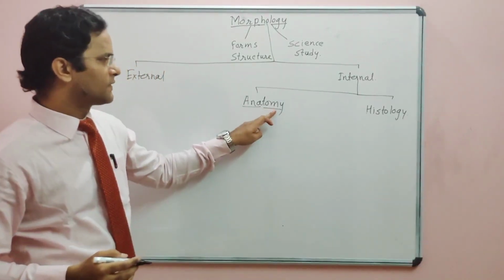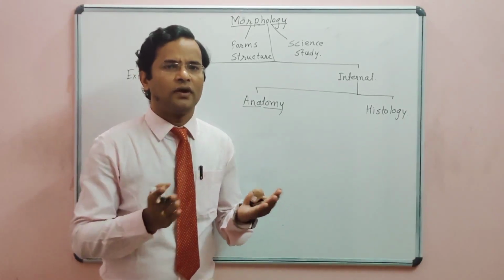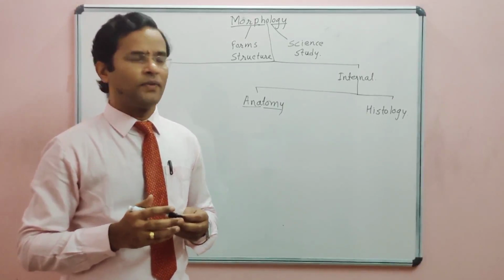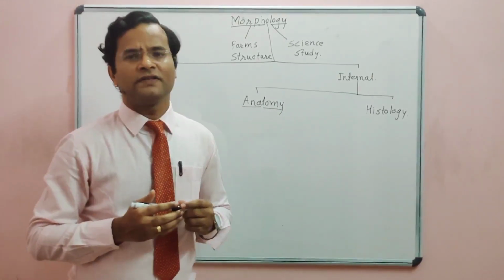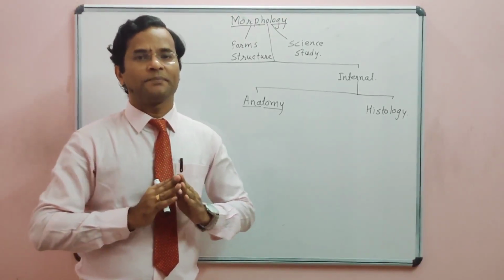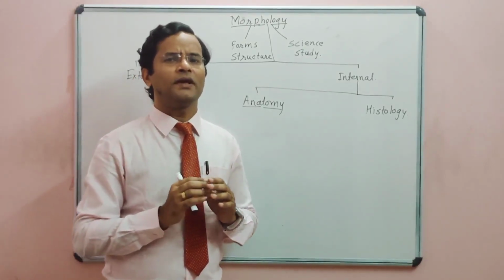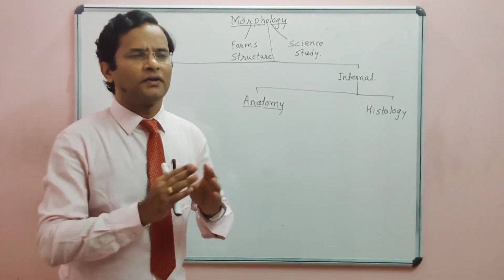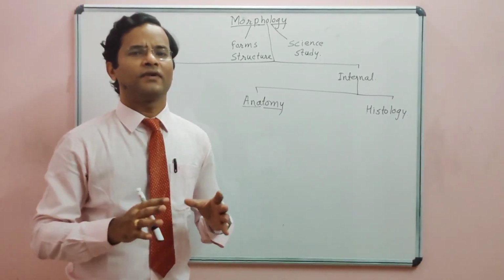So when we cut an organ, we see how that organ looks internally. The definition of anatomy is the branch of biology that deals with the study of internal structure which is exposed after dissection, or after cutting and opening of the various parts.